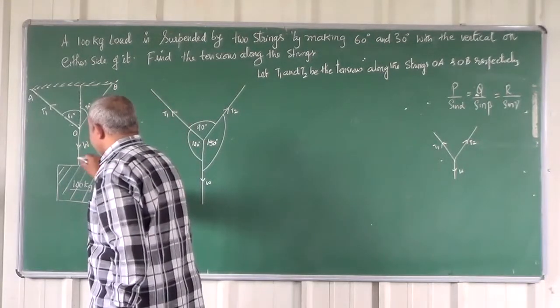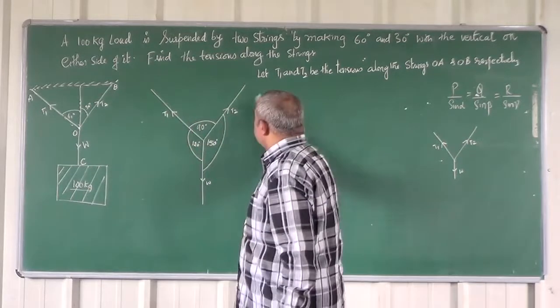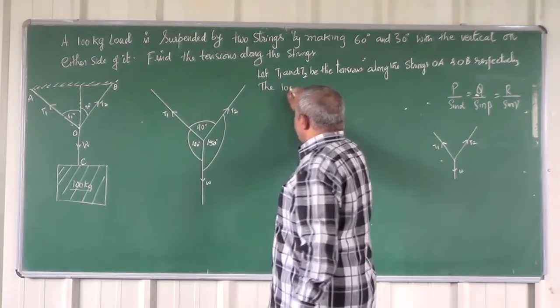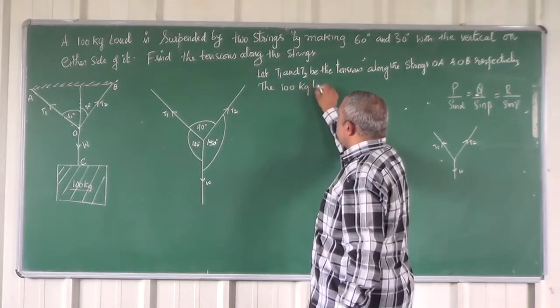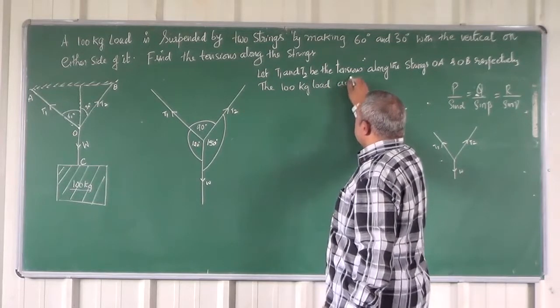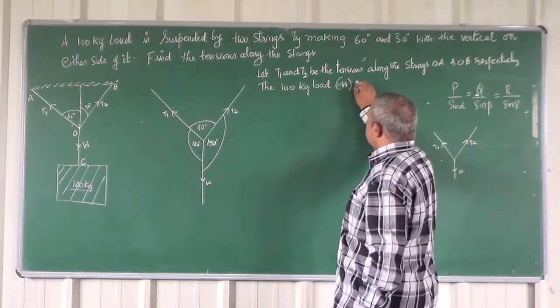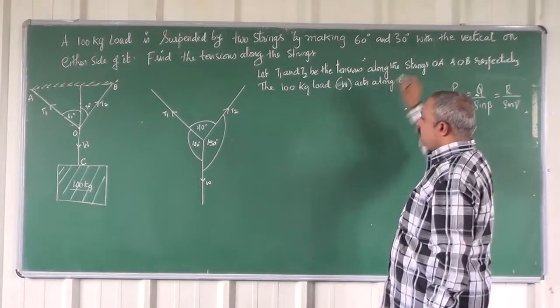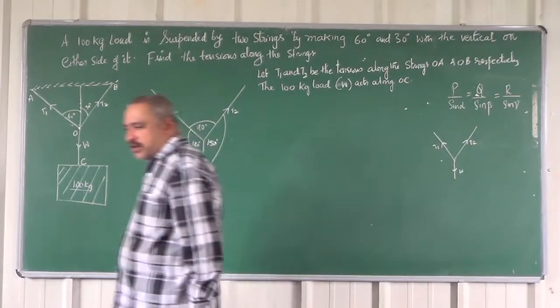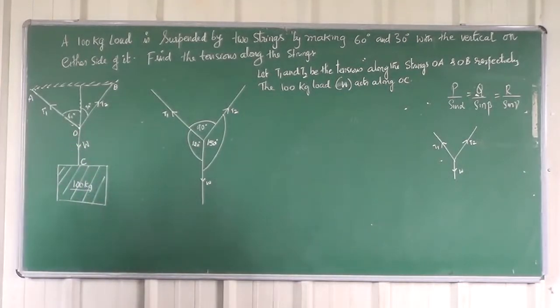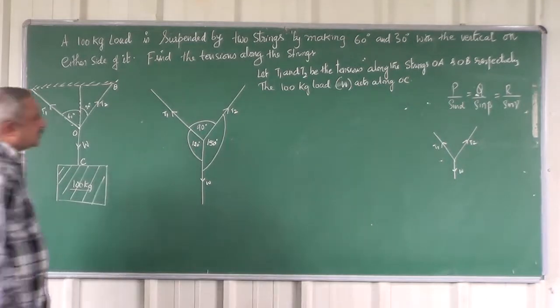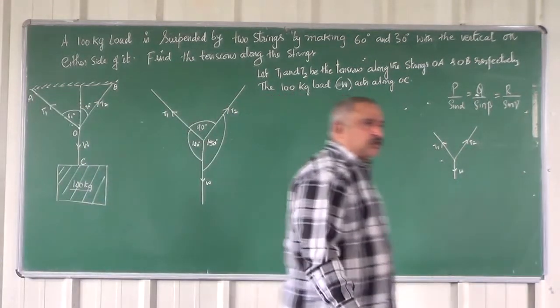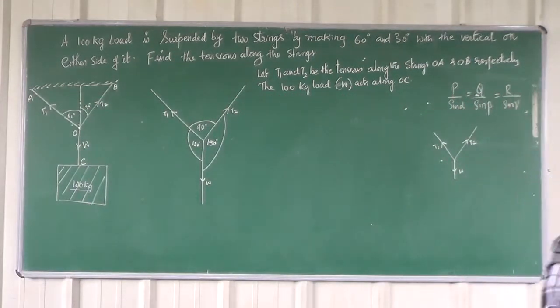Call this point as C. The 100 kg load, weight W, acts along OC. So that is the situation now. Is it clear? Are you following what I am saying?